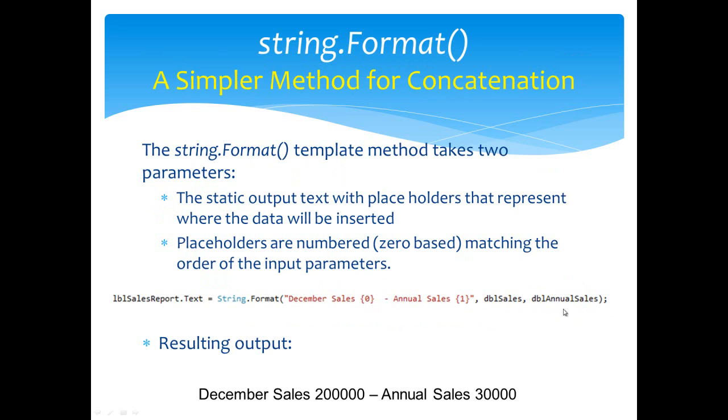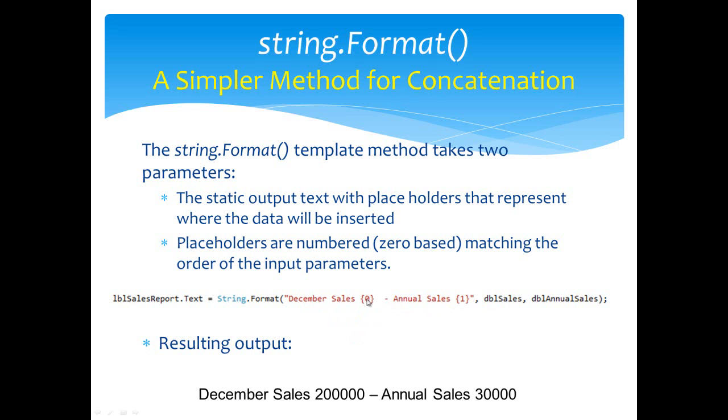So this will replace here, and this replaces here, and what you would end up with is output that looks something like this. And this gets even more powerful. This is a nice way of formatting output. We're going to take a look at concatenation, which is another way of doing it, but this is the cleaner way.